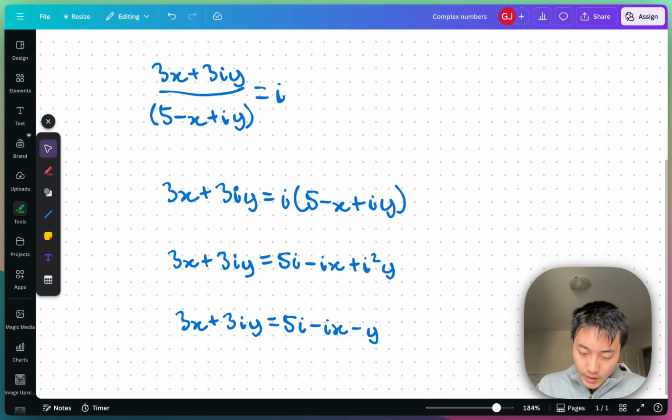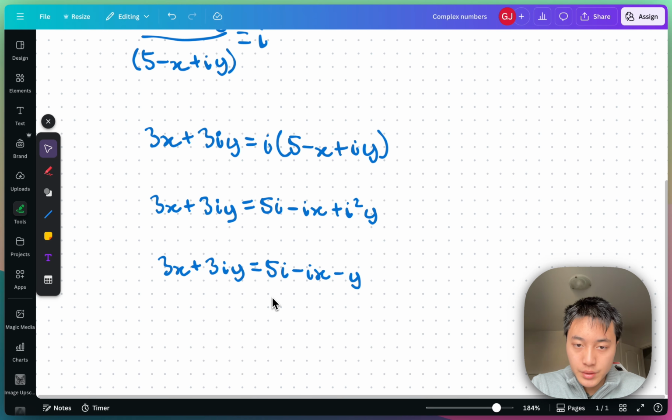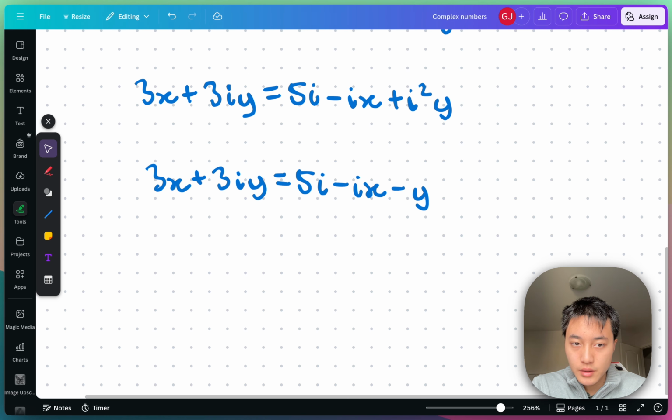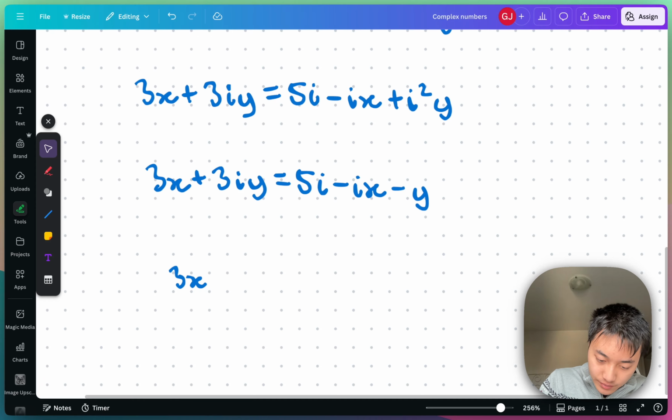Okay. And now we can just equate the real and imaginary parts. So 3x. Okay, so this is the real.